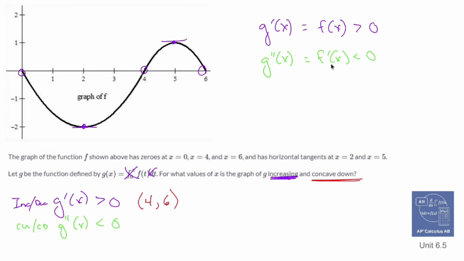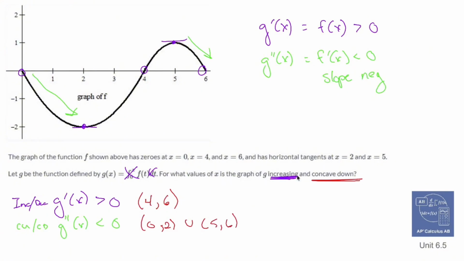The derivative of a function means slope, so I care when the slope is negative, or when f of x is decreasing. This is f. f of x is decreasing from 0 to 2 and decreasing from 5 to 6. So that is from 0 to 2, union, 5 to 6.